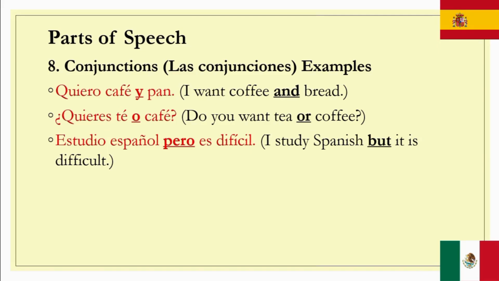Analyzing this short and simple sentence construction in Spanish, you can already use it as a beginner to make your own sentences. Let's change coffee and bread to different foods and beverages. Let's replace coffee with juice.